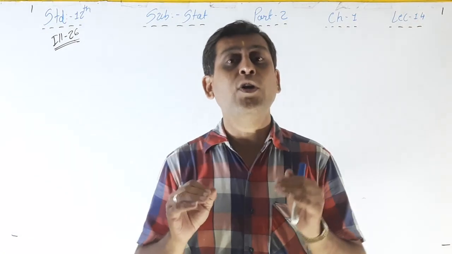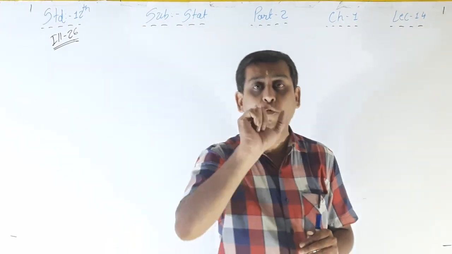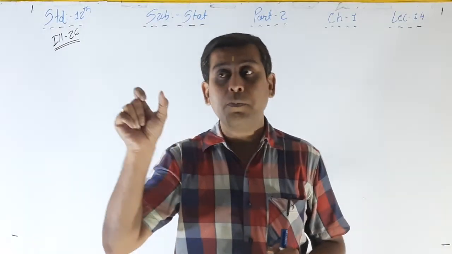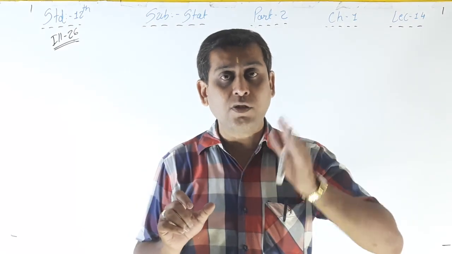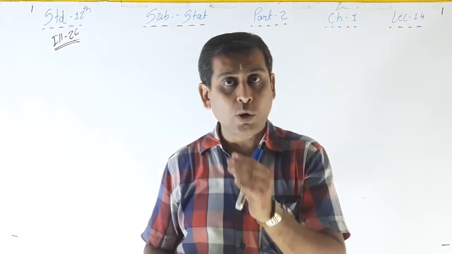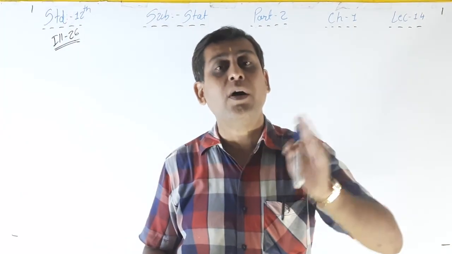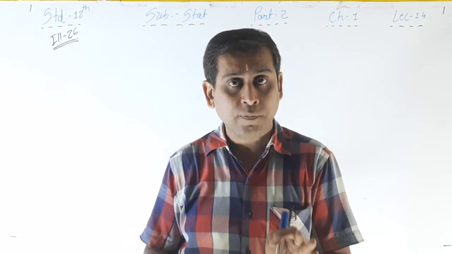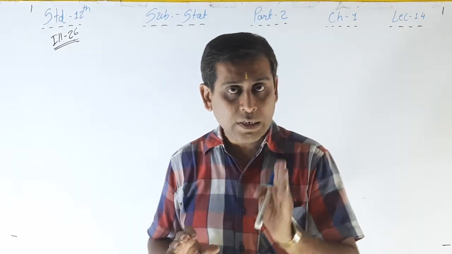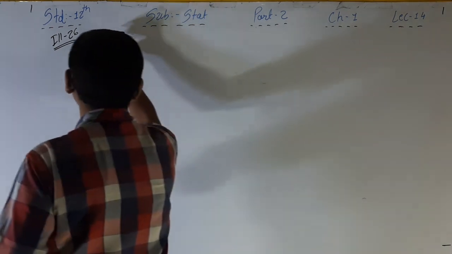But here we don't need A union B union C. We need only P of A union B and P of B union C. That is the union of only 2 events from 3 events. So here the twist is there, but for that we have to just remember all the laws of addition, and we are using that here. Concentrate here. First of all, what is given?